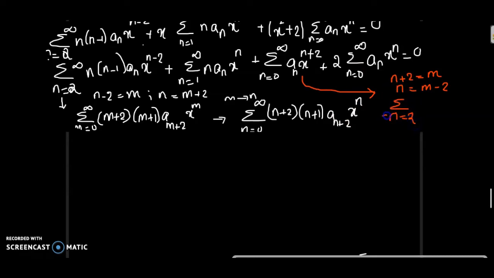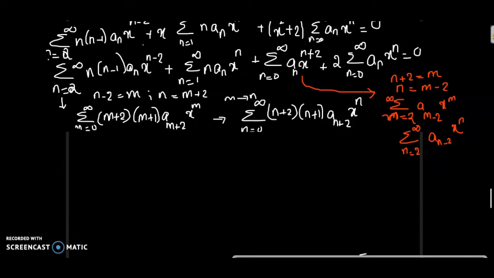So that is m equal to 2 to infinity. Instead of a n, I am going to write a m minus 2 and x raised to m. Now we have to just replace m with n. So this will be sigma n equal to 2 to infinity a n minus 2 x raised to n.